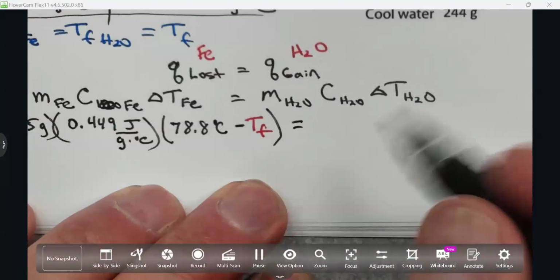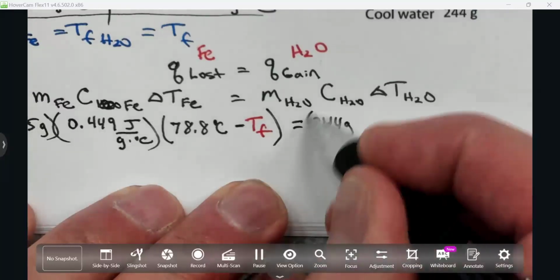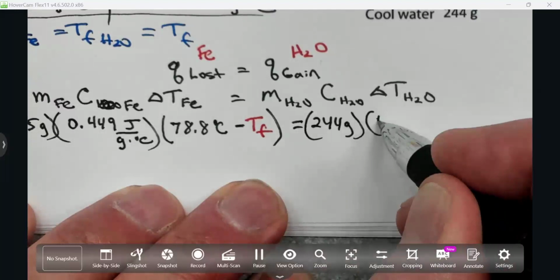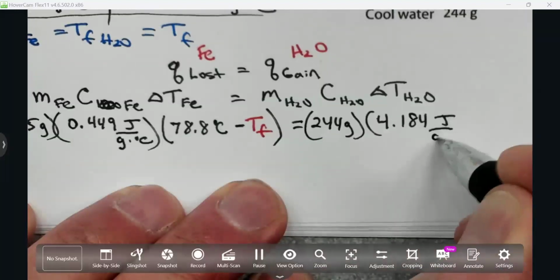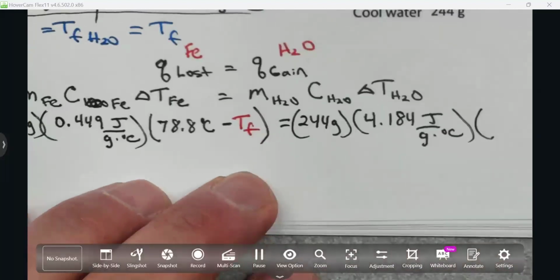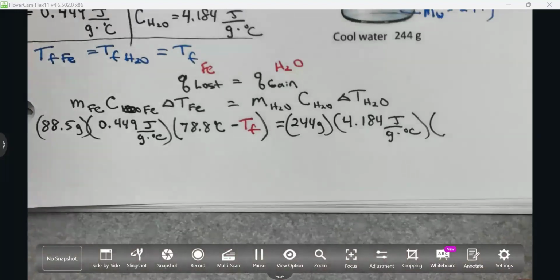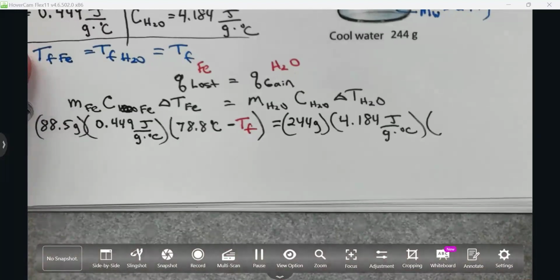My mass of my water is 244 grams. My specific heat of water, 4.184 joules per gram degrees Celsius. And let's talk temperature change there. Is T final going to be higher than my initial temperature of the water?